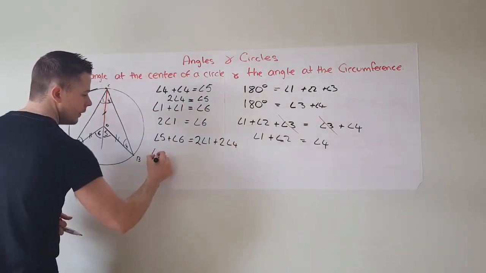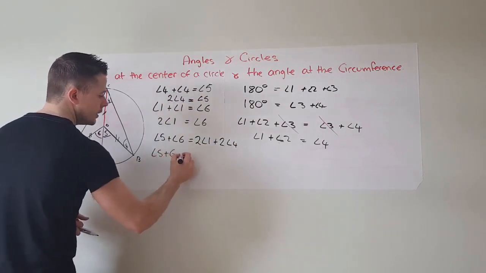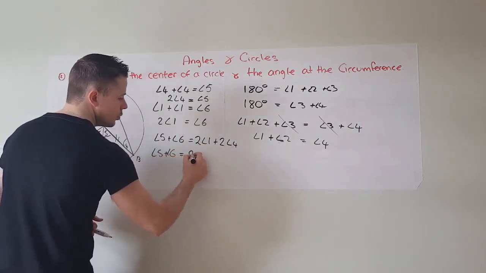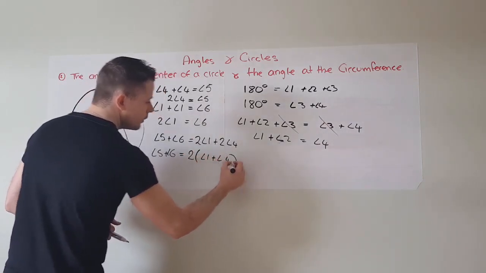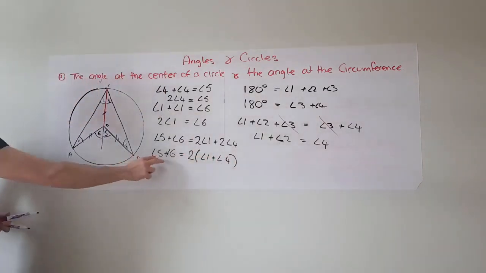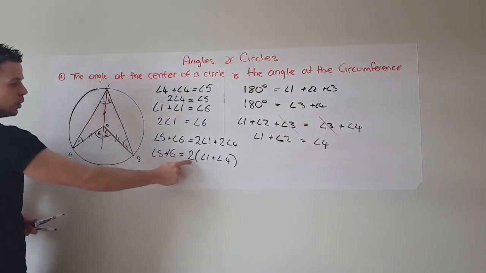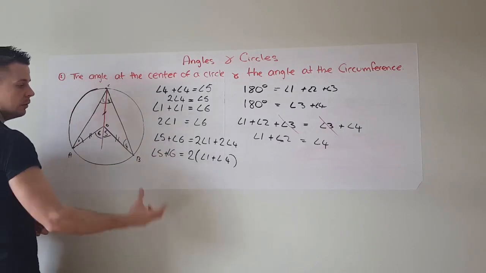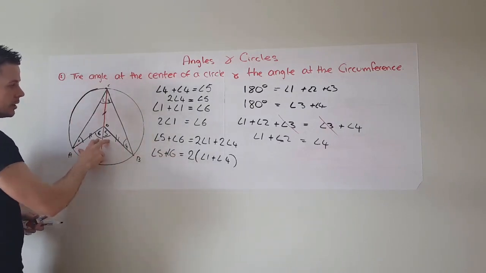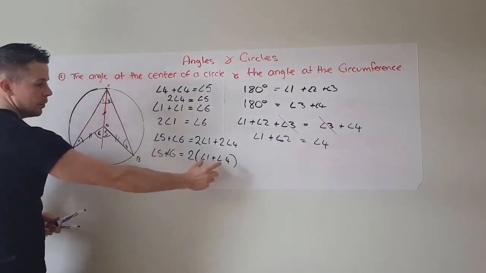So the angle of 5 plus 6 is equal to twice the angle of 1 plus the angle 4. So the angle 5 and 6 here is equal to twice the angle of 1 and 4. So then we have proved it. Whatever this is, it's equal to double whatever this is.